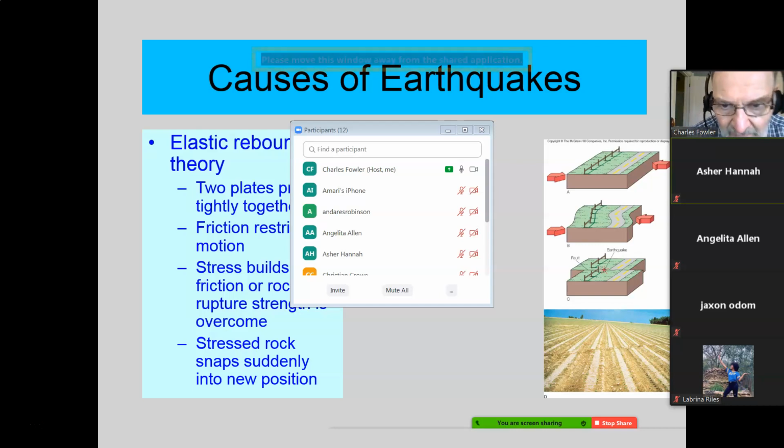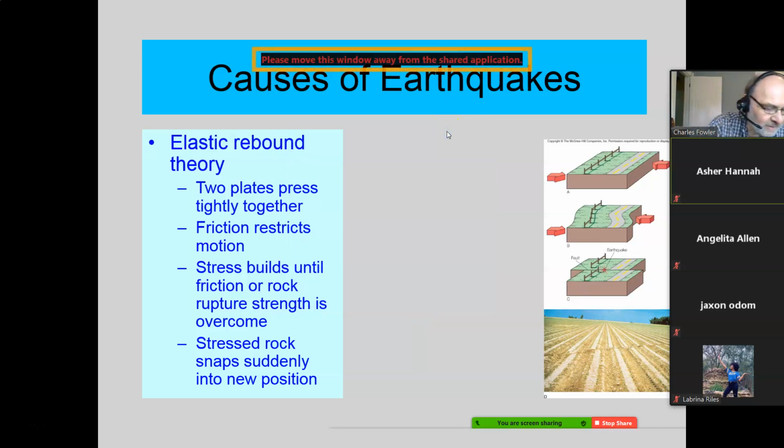Okay. And for those who just got here, Asher and Labrina, maybe some of the others that came a little later, where we are now in Chapter 19, Building Earth's Surface, we're now on page 491, Measuring the Earthquake Strength. I went back to show you this picture here.